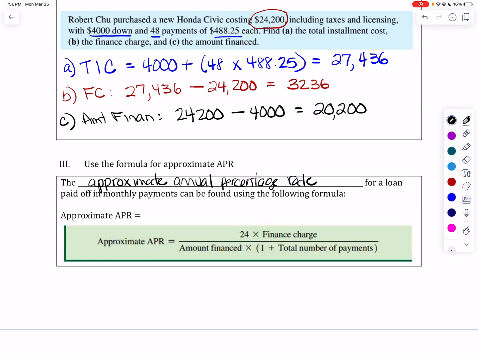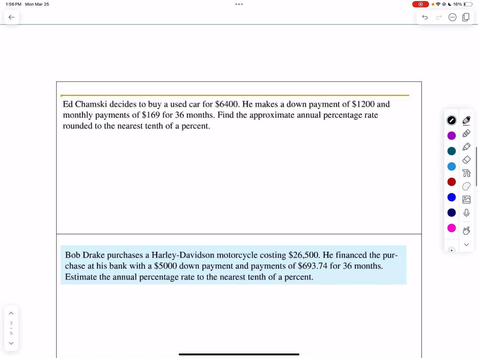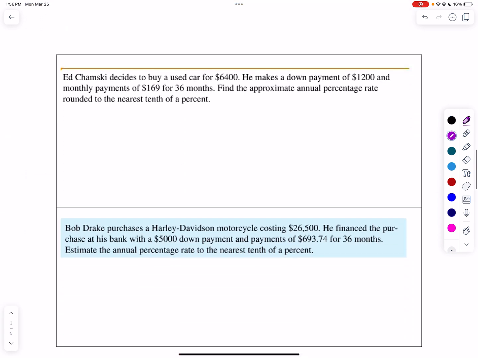For a loan that's paid off, we're using the following formula where we still have to find the finance charge, which means we have to find the total installment cost first, and then we have to find the amount financed, and then we have 1 plus the total number of payments, okay? So I'm just going to go through the same process. I'm going to find those three things before I can find the approximate APR.